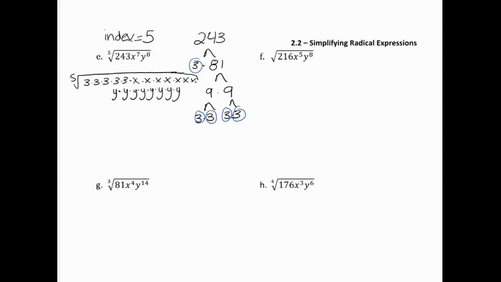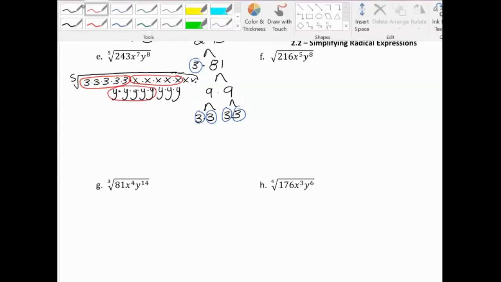All right, so we're going to be making groups of 5. So we can make a group of 5 with the 3s. So 5, and then 1, 2, 3, 4, 5 with my x's, and 1, 2, 3, 4, 5 with my y's. Remember, we're going to take out one of them.